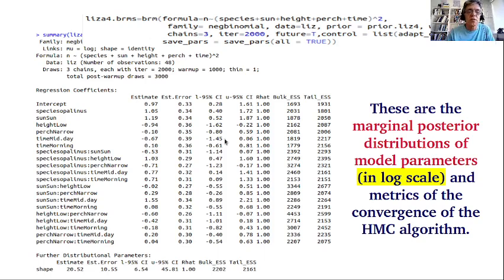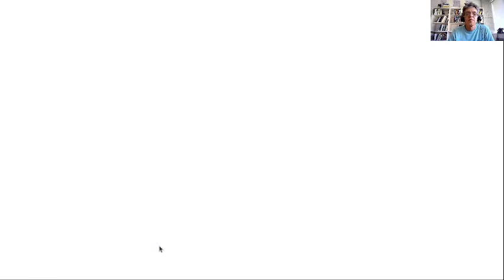The interpretation of these parameters can be done in the same way that we did for the frequentist model fitting, and for the sake of brevity I'm not going to repeat it here. So instead of using the point maximum likelihood estimate obtained in the frequentist fitting, you could replace it with the mean of the posterior distribution of each of these parameters.